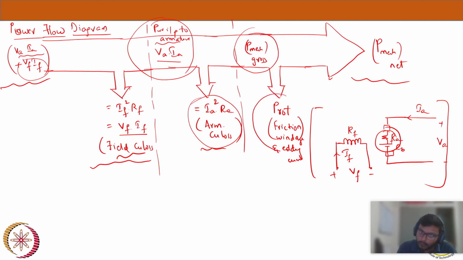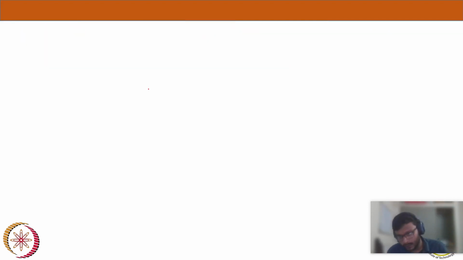And if we remove the rotational losses, the power left is the net mechanical output power. With this quick look back at the power flow diagram, let's discuss DC shunt motor numericals.